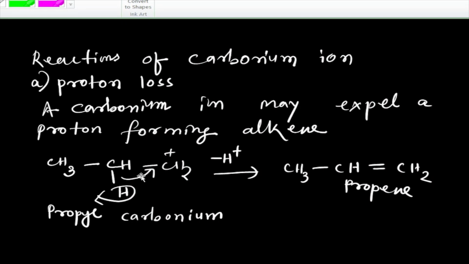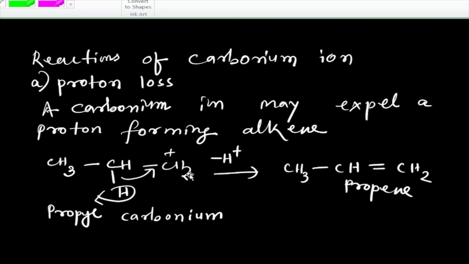Then what happens here? There is a plus sign, a positive charge on the central carbon atom, and one hydrogen is attached to this carbon. Then this pair of electrons goes to this side, changing to a double bond, and this hydrogen is repelled. Then we have CH3, CH and CH2.